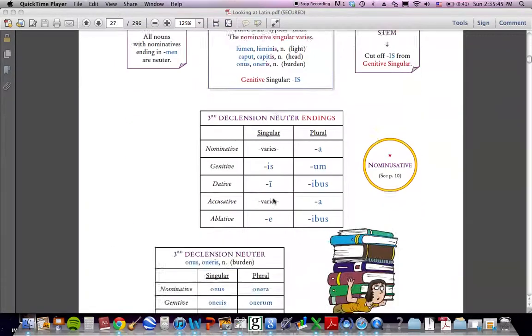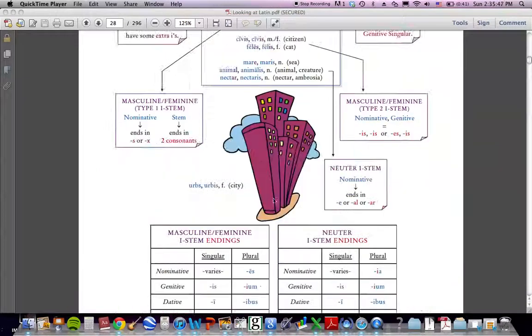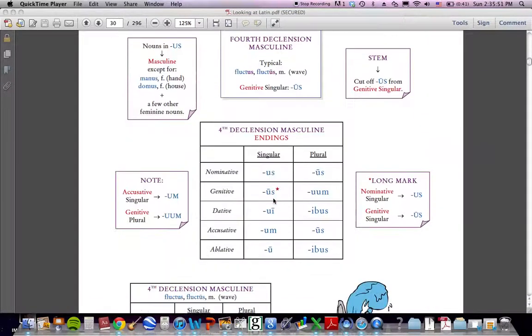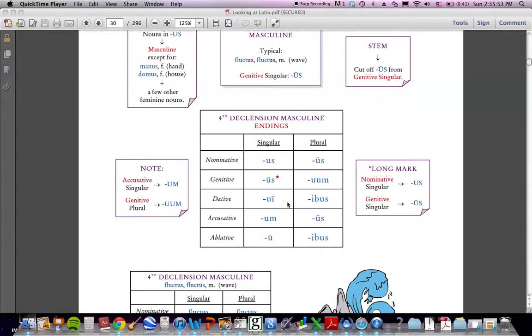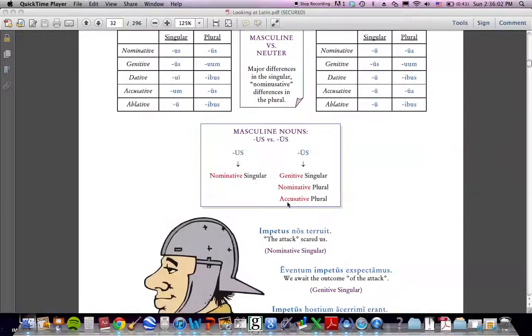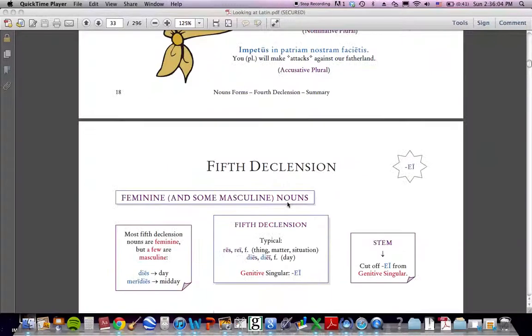The fourth declension, we don't have too many words of the fourth declension in Latin, but they are worth knowing. Us, us, ui, um, u, us, uum, ibus, us, ibus. Okay. And finally, the endings of the fifth declension are found right over here.